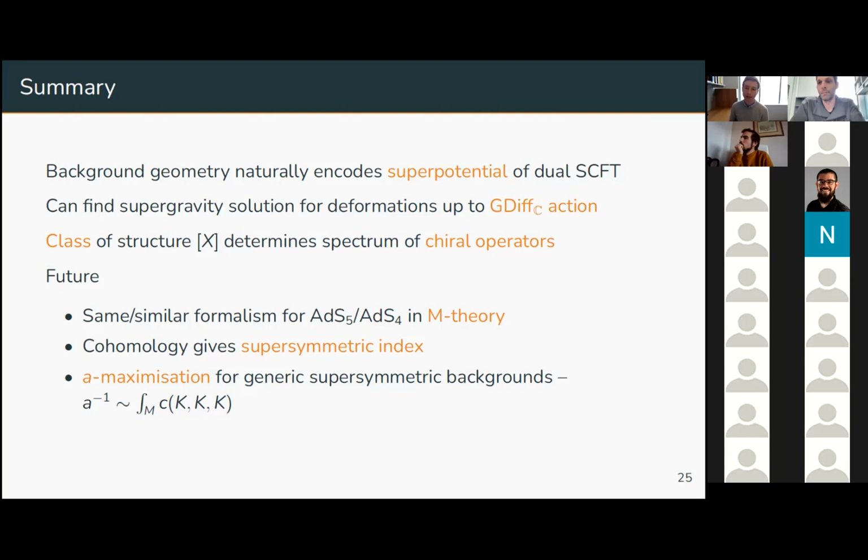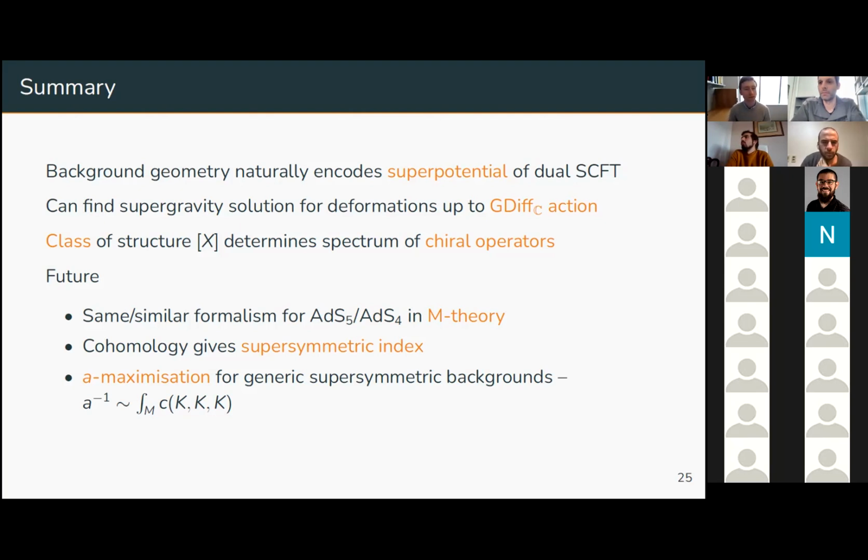Yes, effectively. So you can argue that it's the class of these structures that encode the superpotential. So it's not surprising that you can count things in the supergravity using only the class of the structure that you could count in the field theory using only the superpotential. That's exactly right. Thank you.